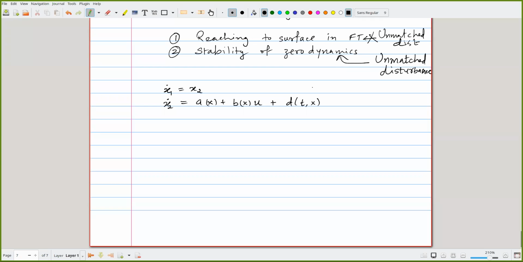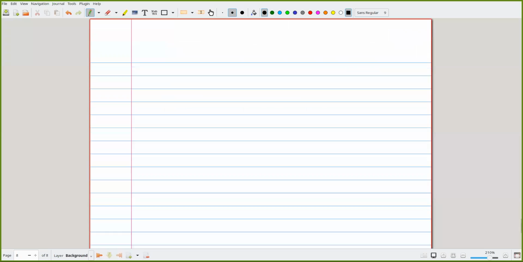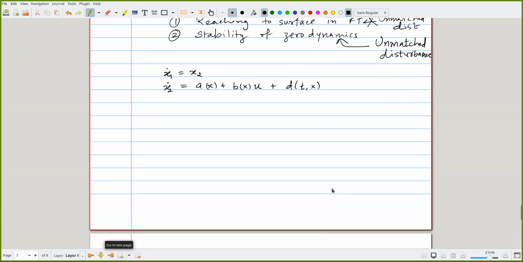Okay, so now we have taken this one specific system. Although it is second order, it is a fairly general system, I would say, because all the Lagrangian modeling gives us second order. For each degree of freedom, we get a second order differential equation in q double dot.